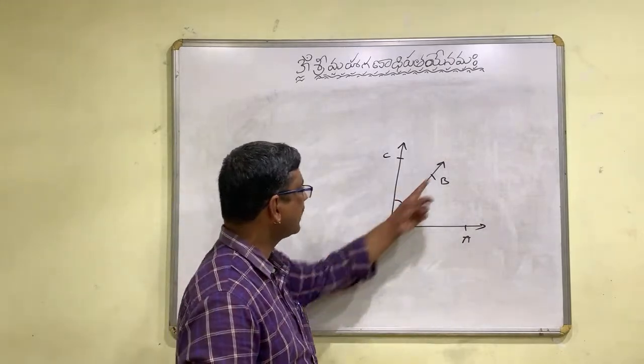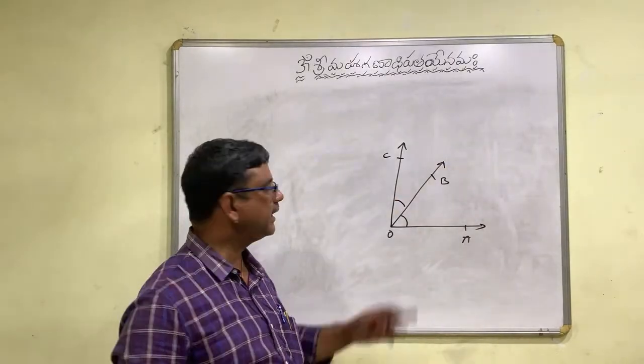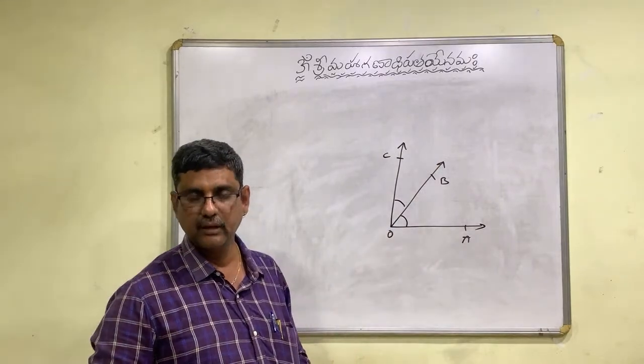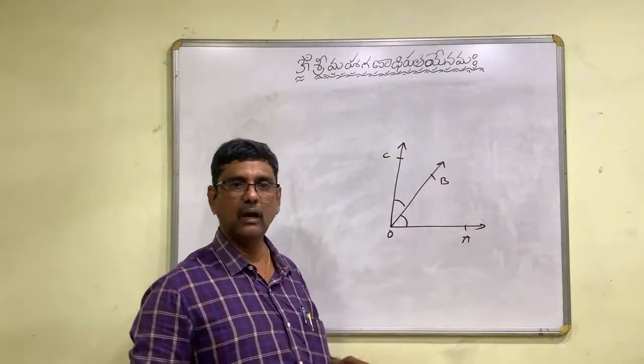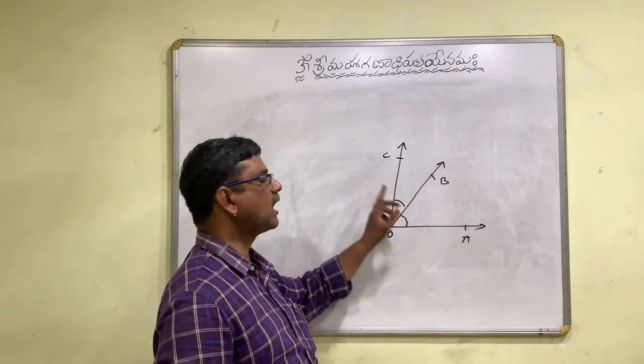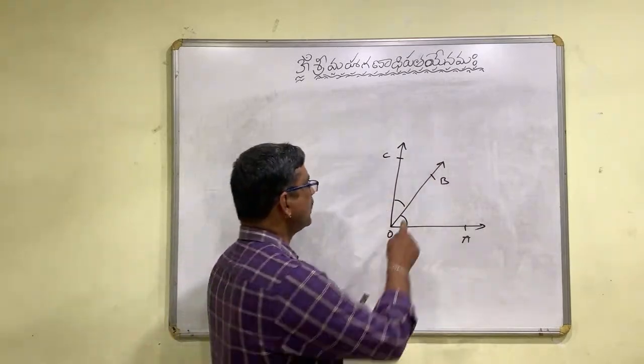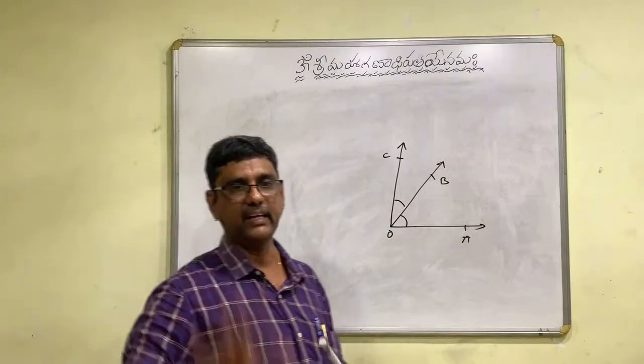So this common arm OB lies in between non-common arms. If the common arm lies in between the non-common arms, then these two angles are called adjacent angles.